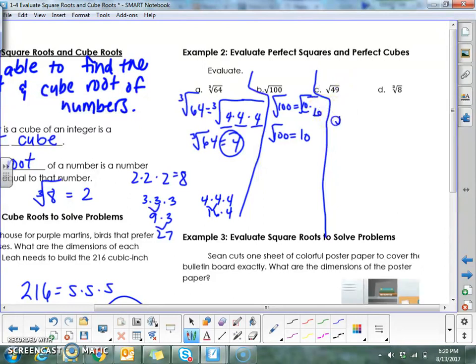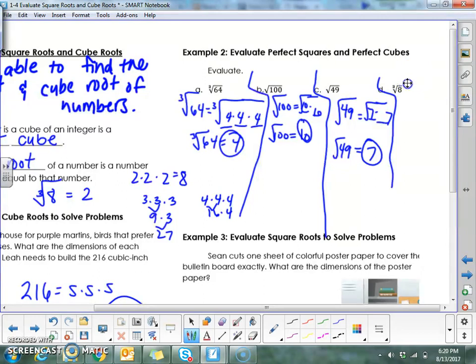49, the square root of 49, again, this should be one that you already have memorized by now, but you're looking for what number times itself is going to give you 49. So again, you're just kind of going through your multiplication facts, doing 6 times 6, 7 times 7. When you do 7 times 7, we end up with 49, so the square root of 49 is going to be equal to 7.